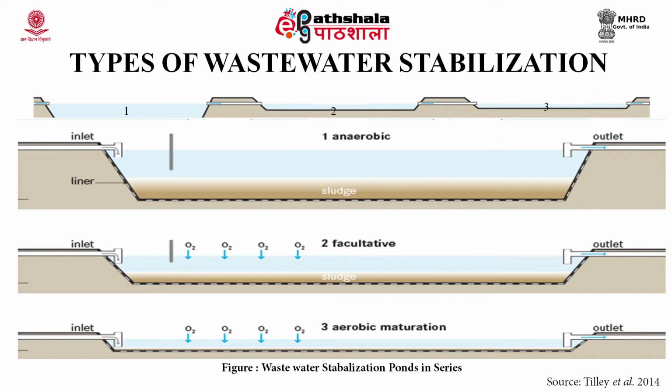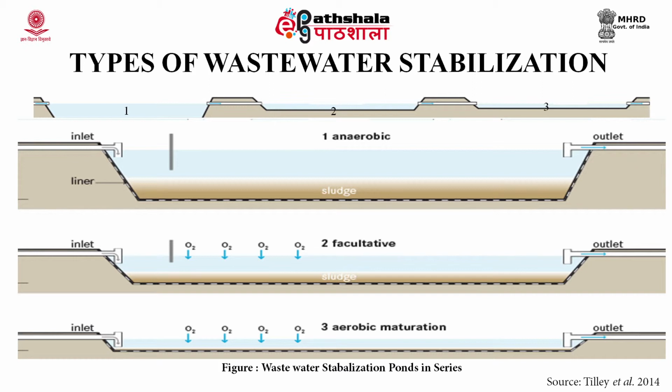That is why the upper layer of the facultative pond has aerobic conditions and the lower layers have anaerobic conditions. Both aerobic and anaerobic organisms work together to achieve a BOD reduction of up to 75% of that initially present in the raw water.